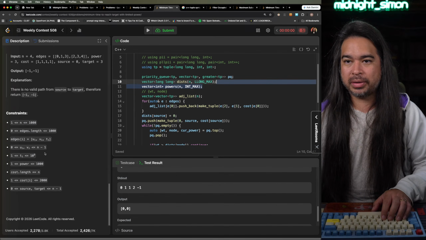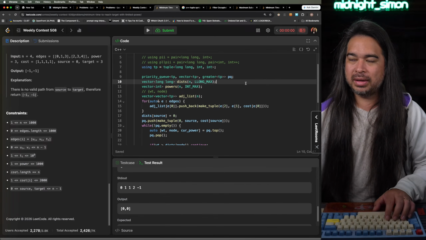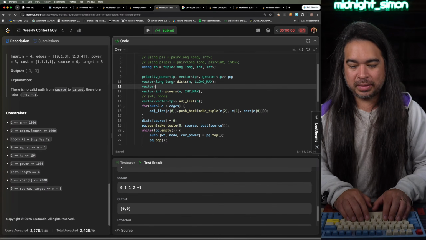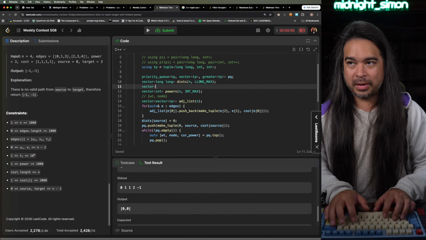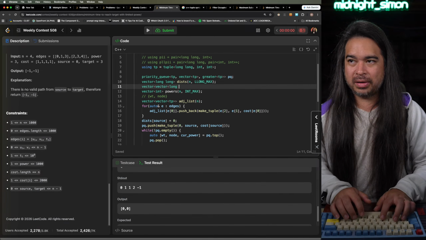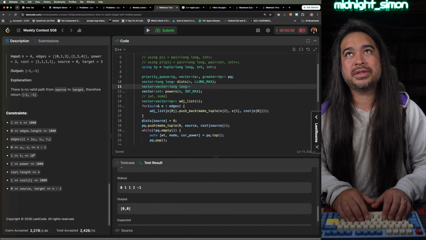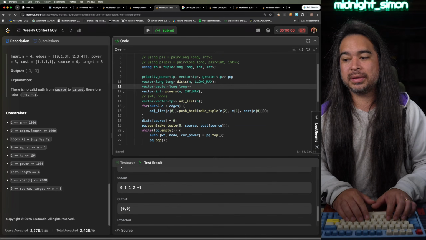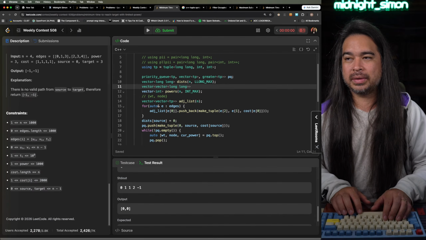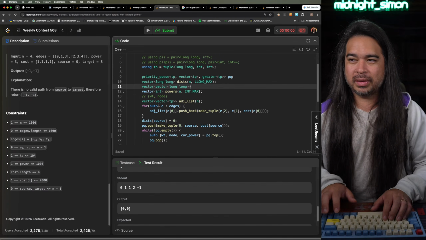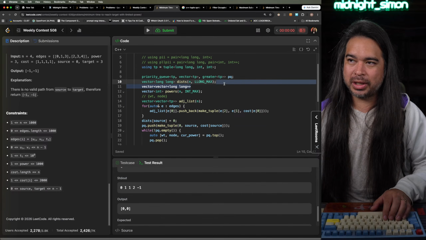Alright, what's the power? The power is only 1,000. So I'm thinking maybe I make a 2D thing. Like vector. Vector long. And this is like distances and powers. No, I don't know what I'm talking about, man. That's the truth.